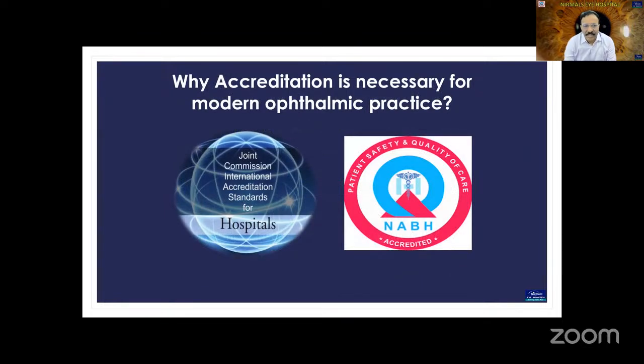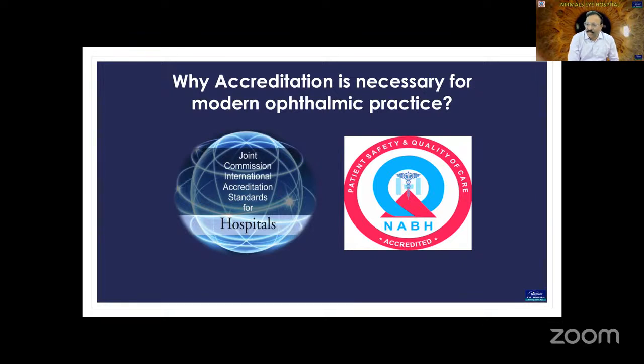Right. So let me start with this question to all of you. Why is accreditation necessary for modern ophthalmic practice? In the US, there is an organization called Joint Commission International Accreditation. This was actually initiated by the American Academy of Physicians.